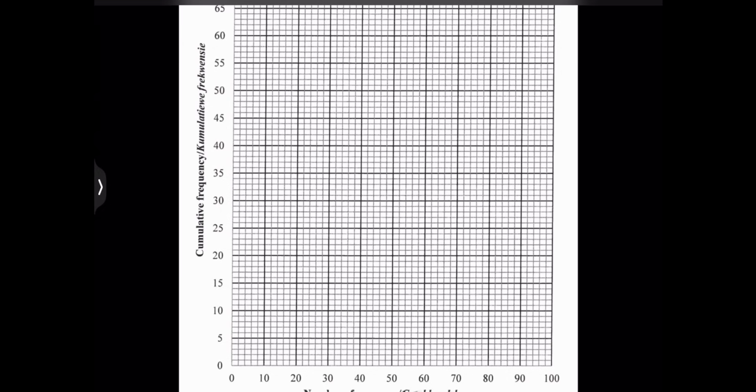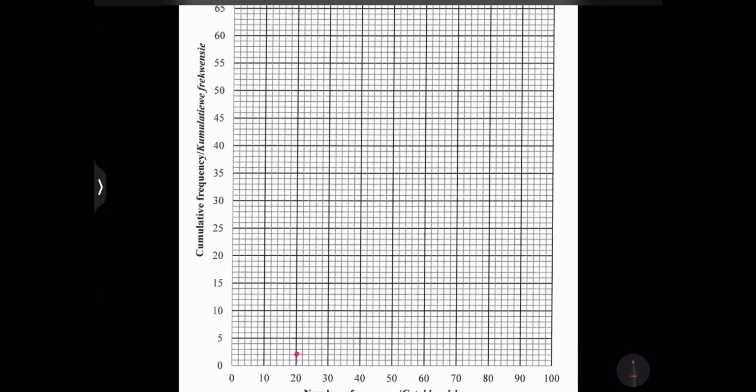The number associated with 20, we said, was 2. So at 20, we've got 2.